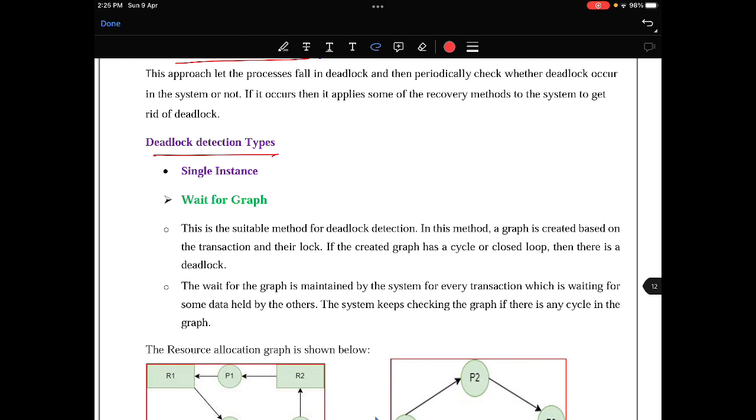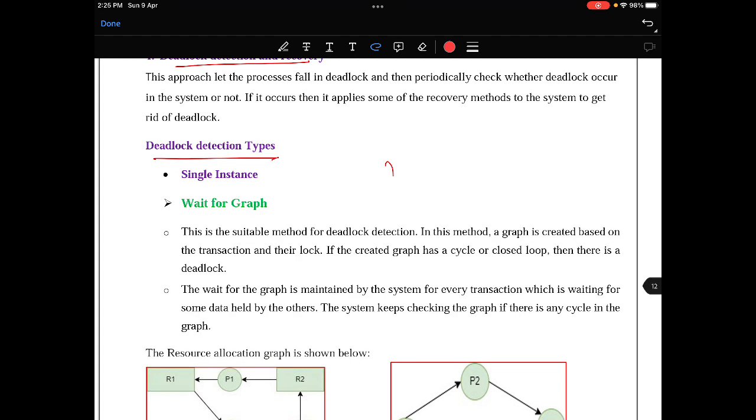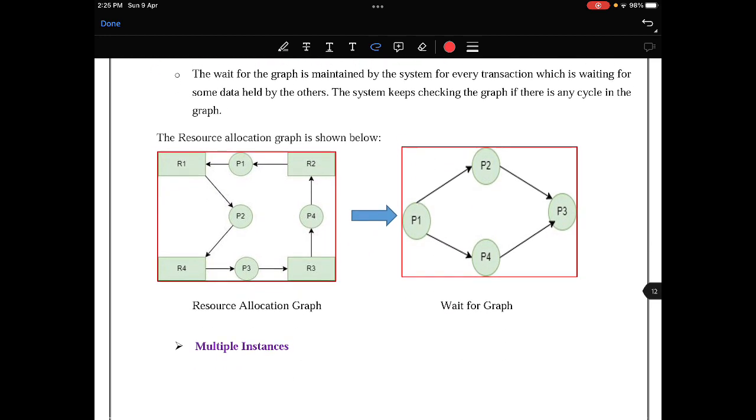Single instance means a process may have multiple resources, but each resource type must be one in number, like one CPU, one printer, one hard disk. If they are multiple in number, multiple CPUs, multiple printers, multiple scanners, then it is multiple instance.